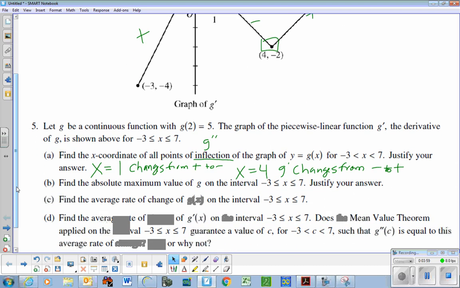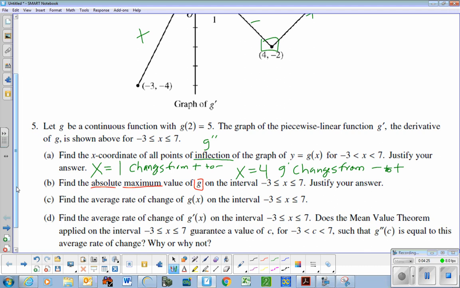Second part, find the absolute maximum. Let's underline maximum here. Find the absolute maximum value of G, not G prime, on the interval x equals -3 to x equals 7. Justify your answer. So now we have a graph of G prime, right?